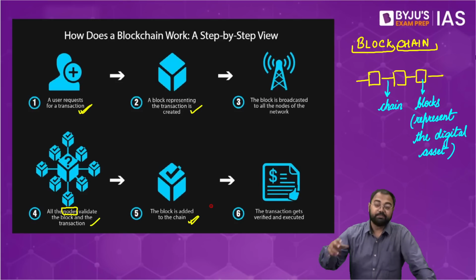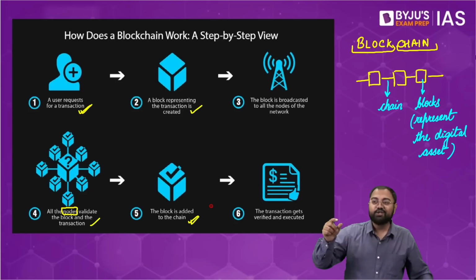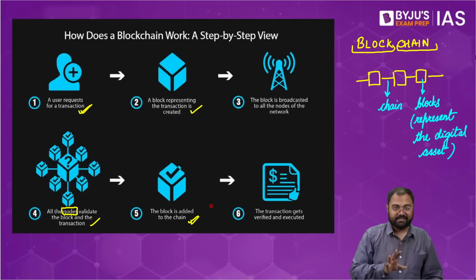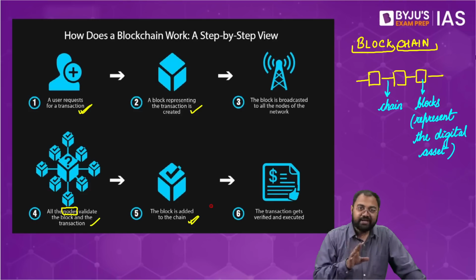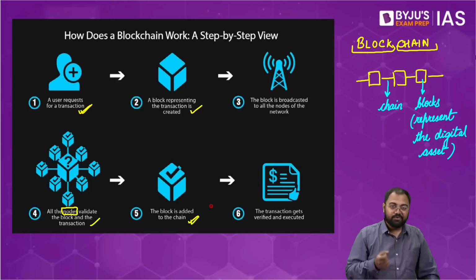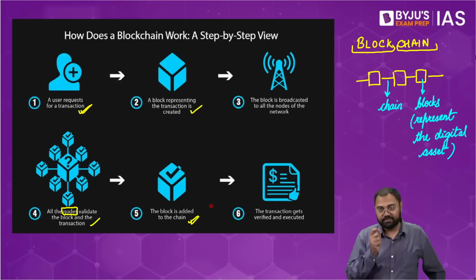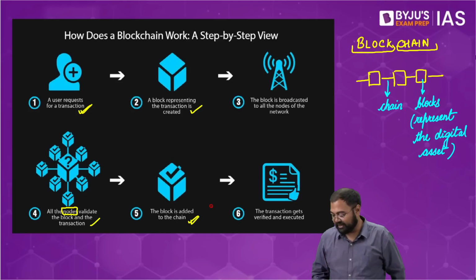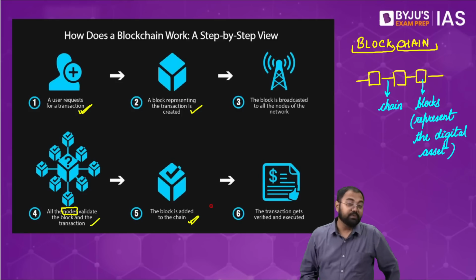So that's why the nodes are under no obligation to validate any transaction. All right. Why are they then validating the transaction? Because they will gain something out of it. For every correct validation that the nodes do, the nodes will be paid for it.